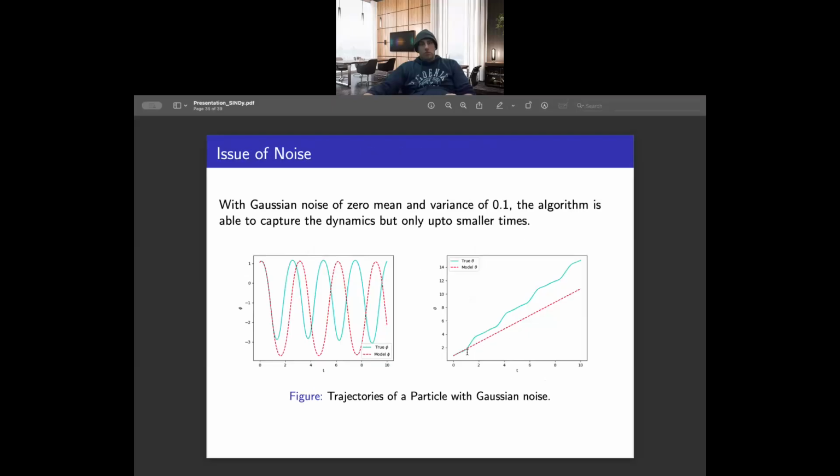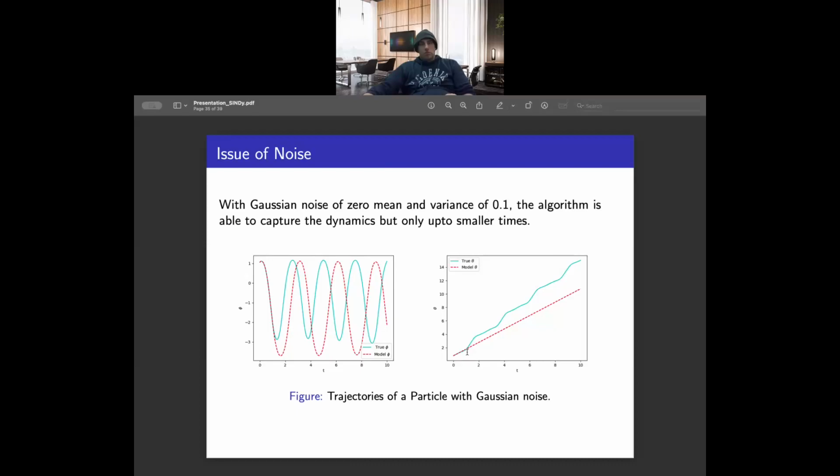As we discussed in the SINDy algorithm, the same issue is with SINDy-PI as well. If you add the noise in SINDy-PI, the algorithm is able to capture the dynamics, but only up to small times.